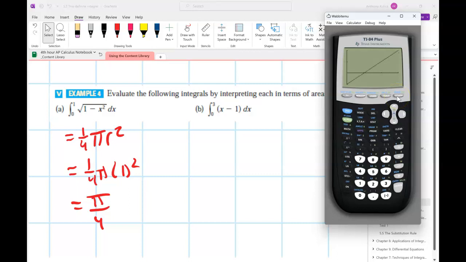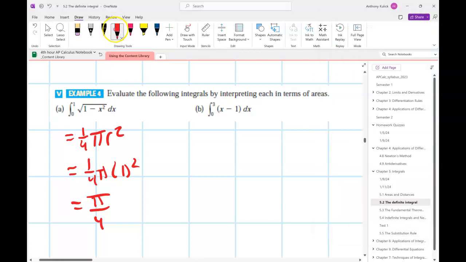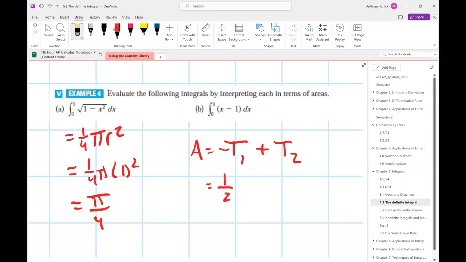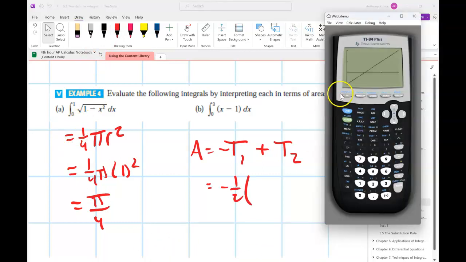Okay. Now what's the one thing I have to be careful about here with my two triangles? One's negative. What, the first triangle is negative? Why is the first triangle negative? It's below the x-axis. It's below the x-axis. Perfect. Very good. What's the base and height for that first triangle? Base is 1, height is 1, right?